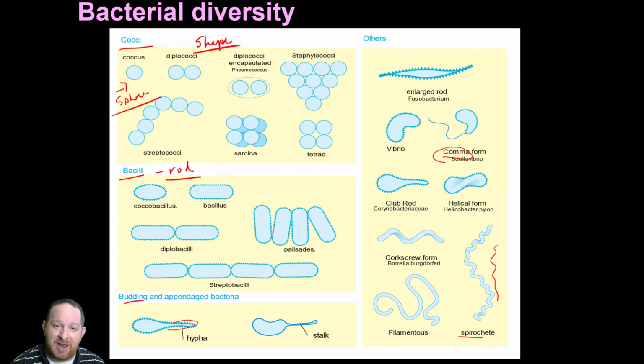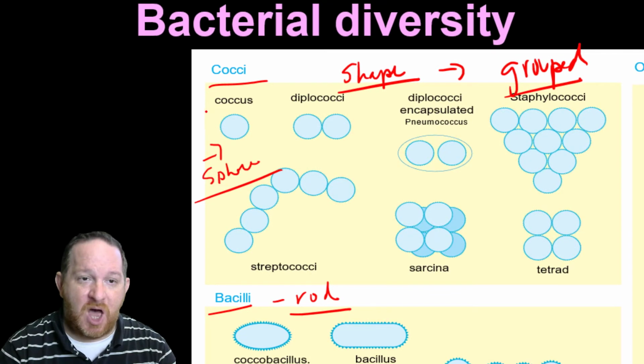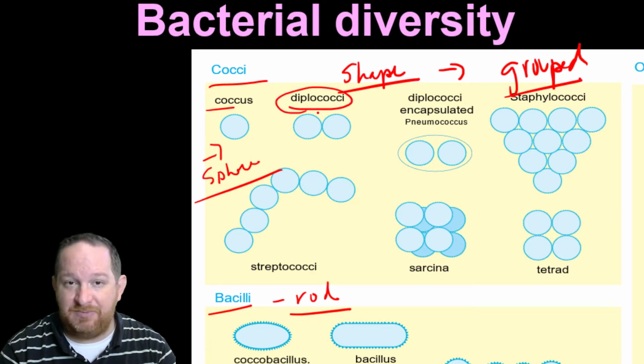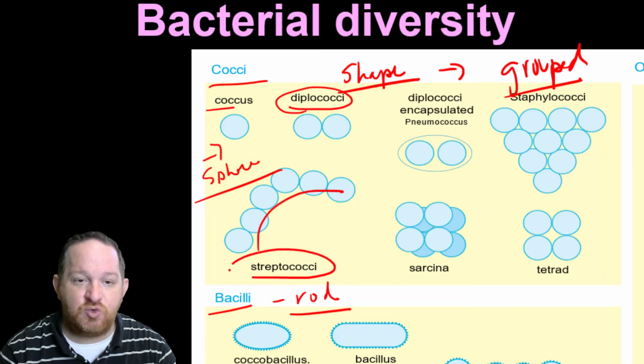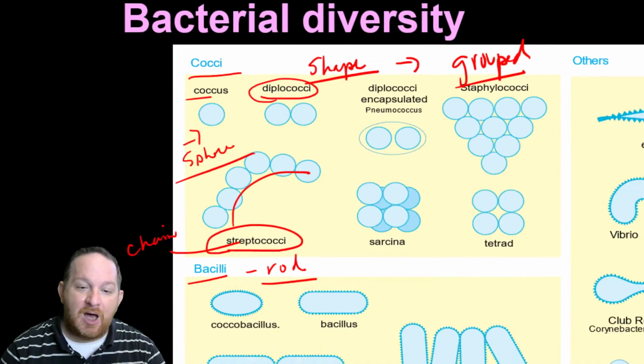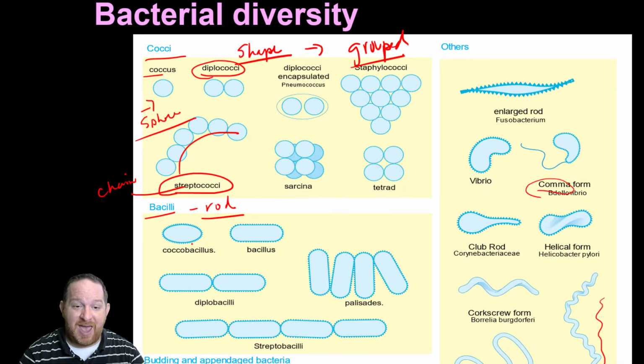But then we further classify beyond shape. We classify by how they're grouped. So the shape might be spherical, coccus, but if there are two of them, we might say it's diplococci. If there is a chain of them, we might say it's strepto, because strepto is chain. Sometimes you may have streptobacilli, so a chain of rod-shaped.